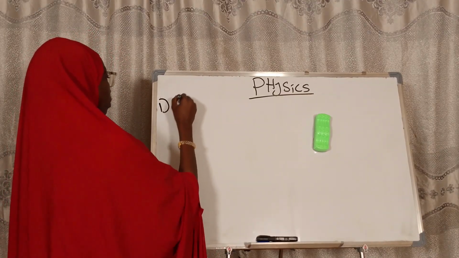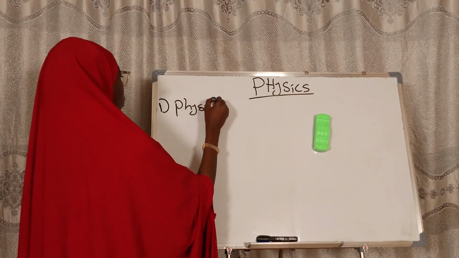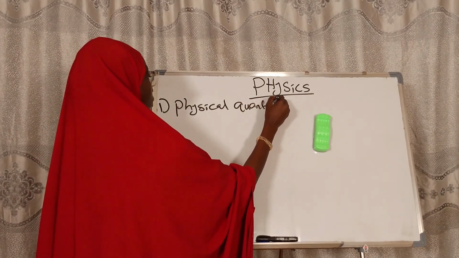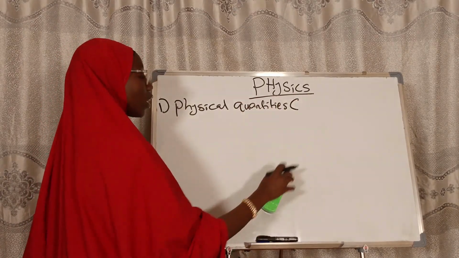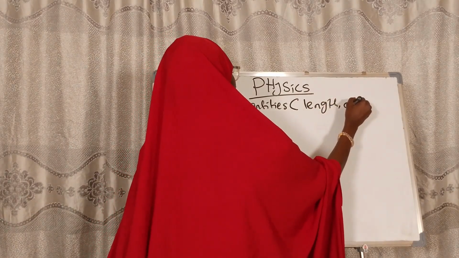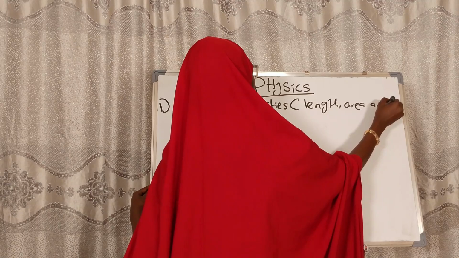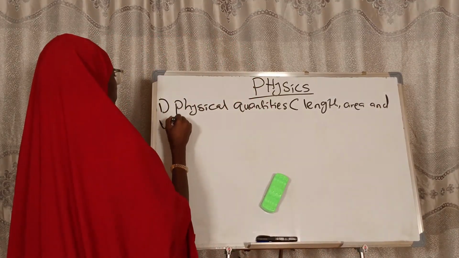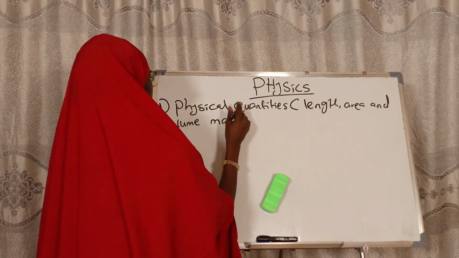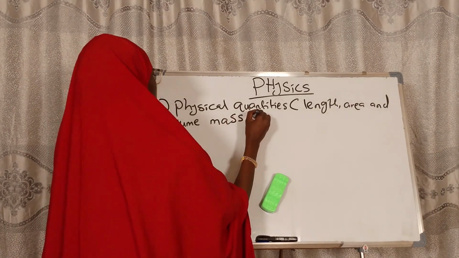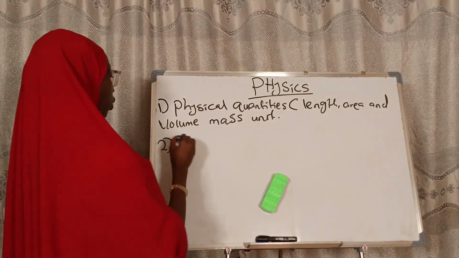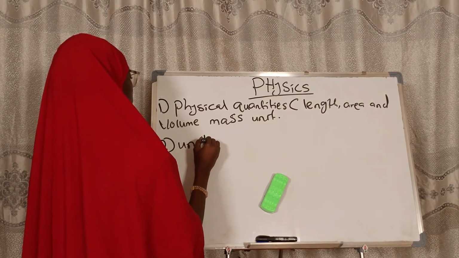Physical quantities, of which we have length, area, and volume, mass, units. 2. Units of the physical quantities.